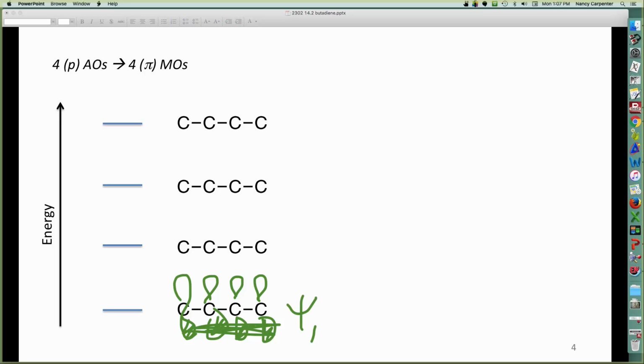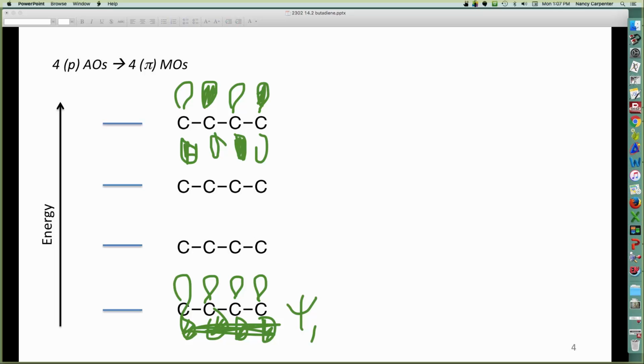The least stable will be fully antibonding, like so. So this is really high energy, totally unstable.